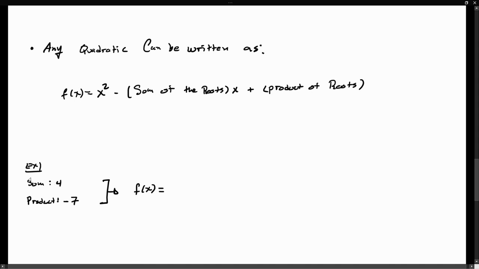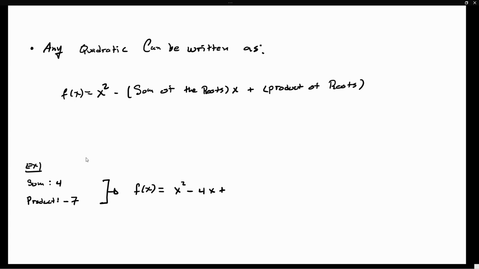I know that if I would have added the solutions, that would have been equivalent to 4. And I know that if I would have multiplied those solutions, that's equivalent to negative 7. So given that, we know that the equation x squared minus the sum of the roots, where right now the sum is 4, of x, plus the product of the roots, which in this case is negative 7.